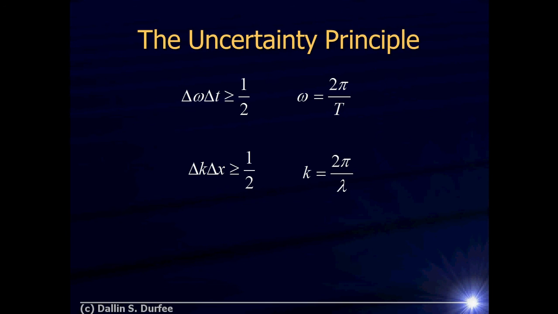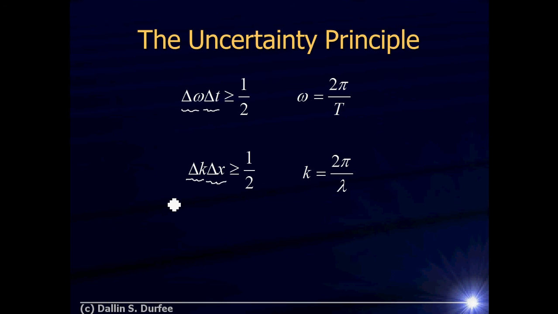Now, we talked earlier about uncertainty. It turns out you can prove the uncertainty relationships using Fourier transforms. Basically what it comes down to is, I'm making a wave. If I want to make a wave that lasts a short amount of time, I have to add together a whole bunch of sine waves that span at least some minimum range of frequencies. If I want to make a wave that exists only in a certain amount of space, I have to add together at least a minimum span of wave numbers. A pure sine wave exists everywhere and at all times.